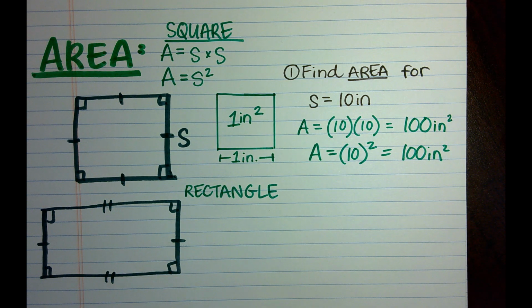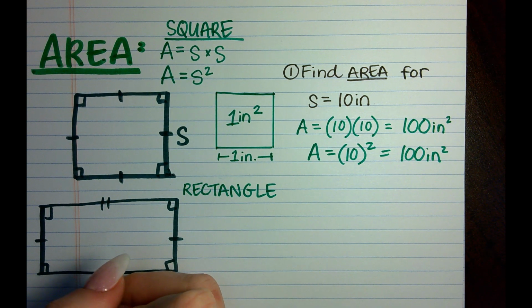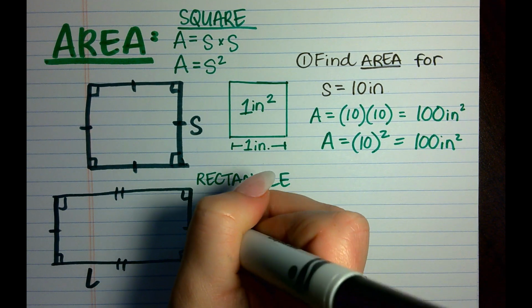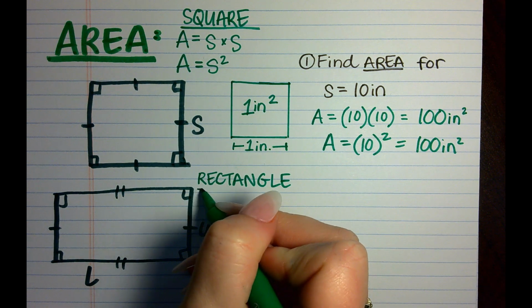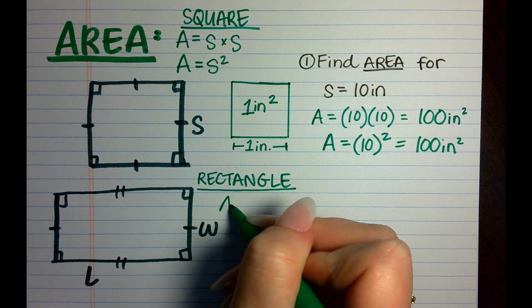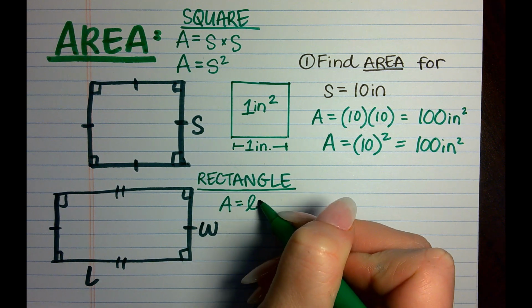We have length and width. And our area formula for rectangles, area equals length times width.